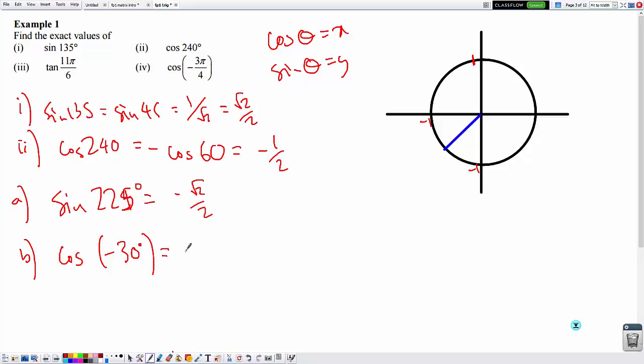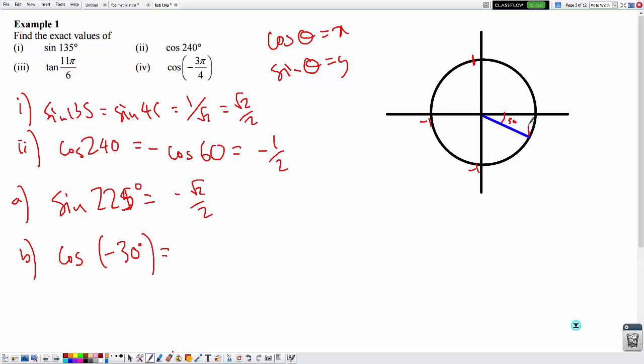Some of you should remember cos of minus 30 is exactly the same as cos of 30, but we can look at it quite simply from our diagram. A minus angle means you're going clockwise from the x-axis. So that's 30 degrees, minus 30 because it's going this way.